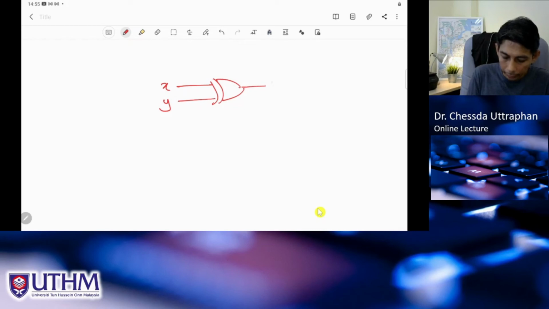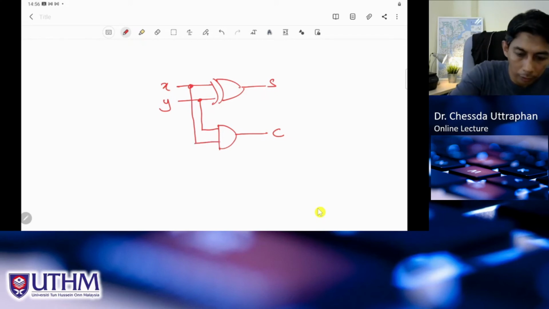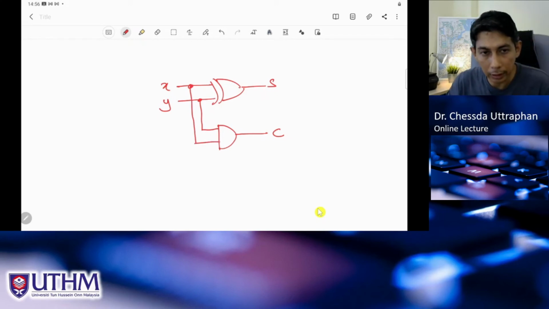And then another one is the AND gate. The output is c. Okay, so that code will be synthesized to this circuit.